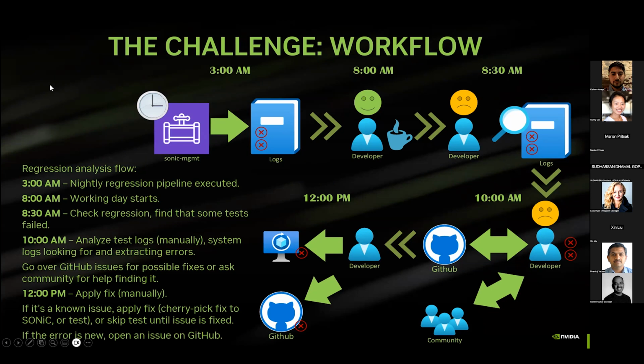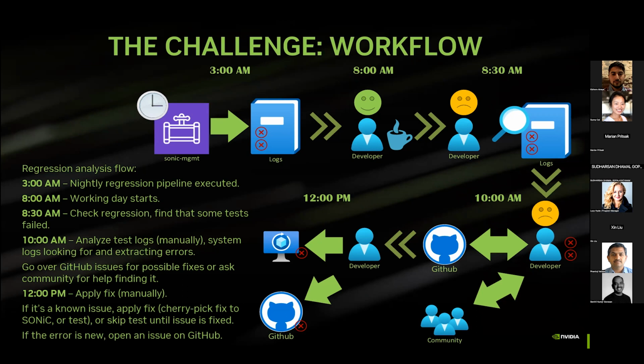When he finishes analyzing the logs and extracting errors, he will start going over the GitHub issues for possible fixes or ask the community for help finding one. It should ideally finish with applying fixes.